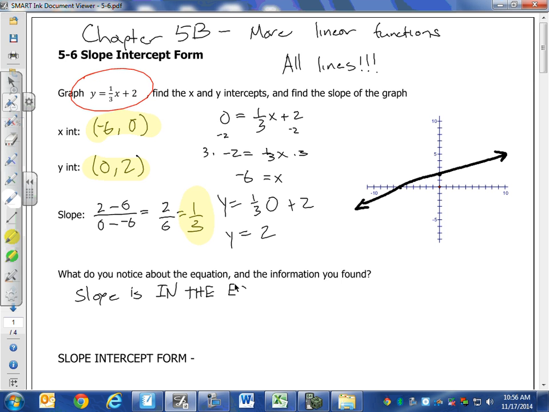We'll talk about it. What else? Mr. Suarez? The y-intercept is in the equation.